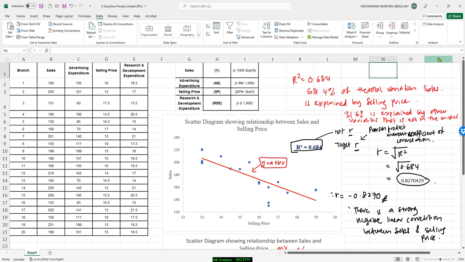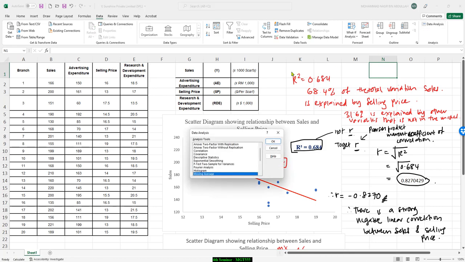Remember? So we are going to use data analysis from the analysis toolpack. Click this one, and then you need to find regression. So look for regression here. Can you see it? Can you respond? Are you at this step or did you miss it?